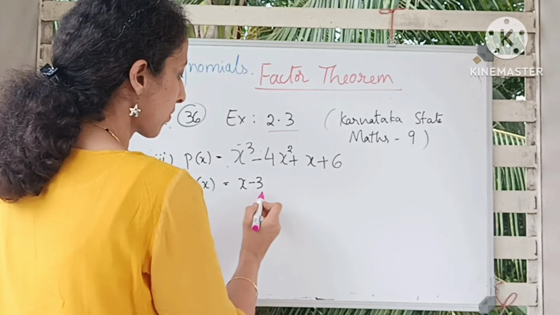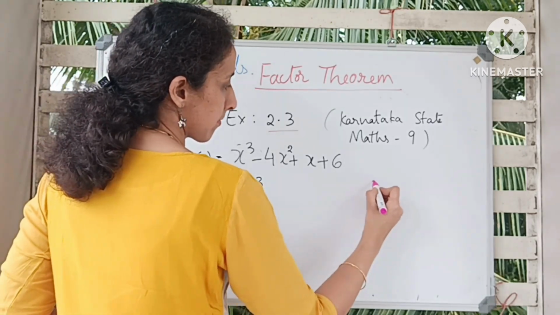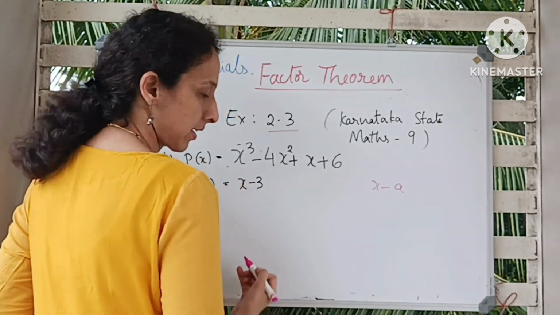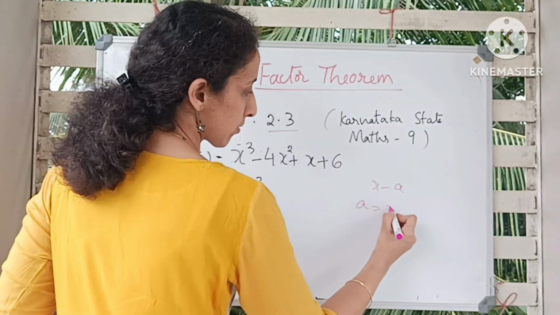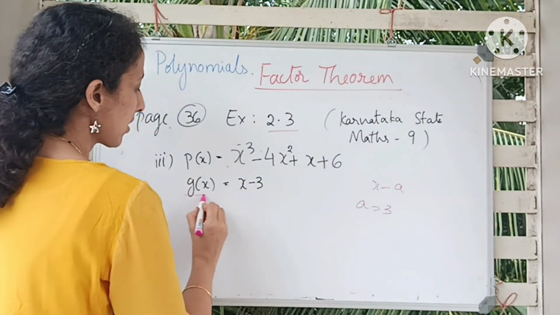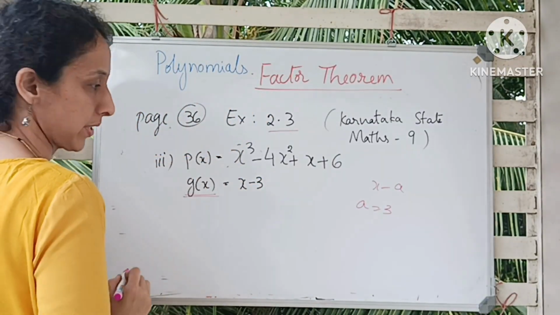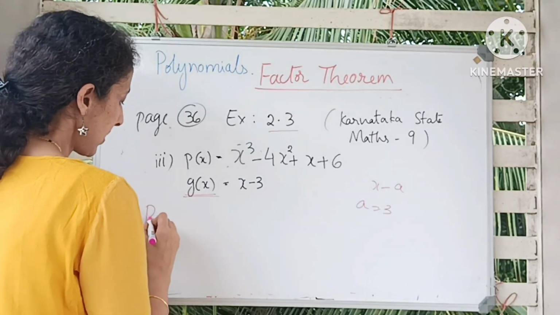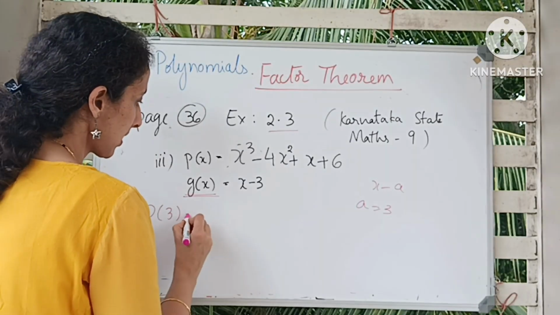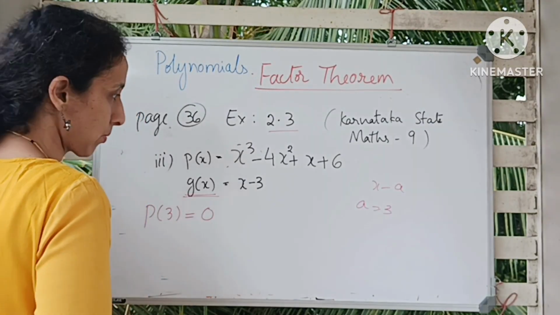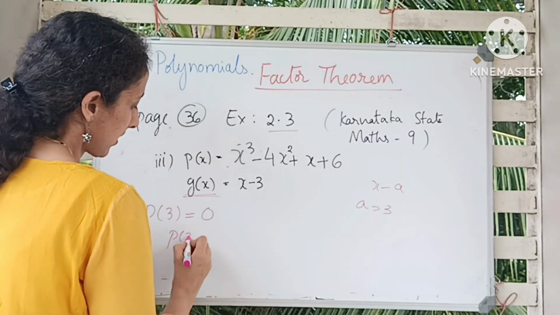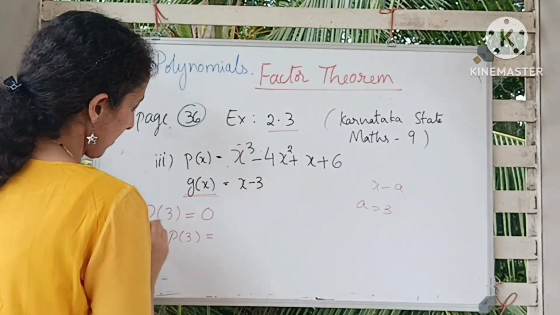It is straightforward. Here we have the x minus a form, so a is equal to 3. So if g of x has to be a factor of p of x, we have to have p of 3 equal to 0.